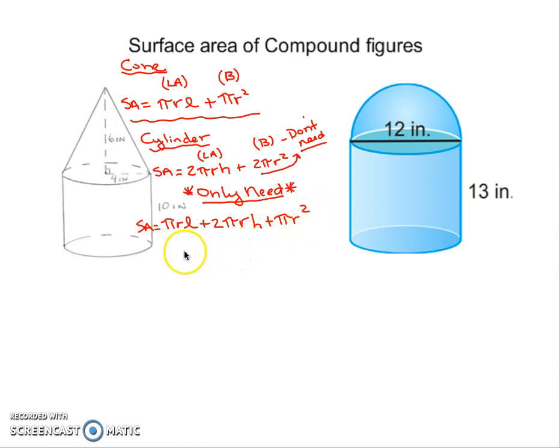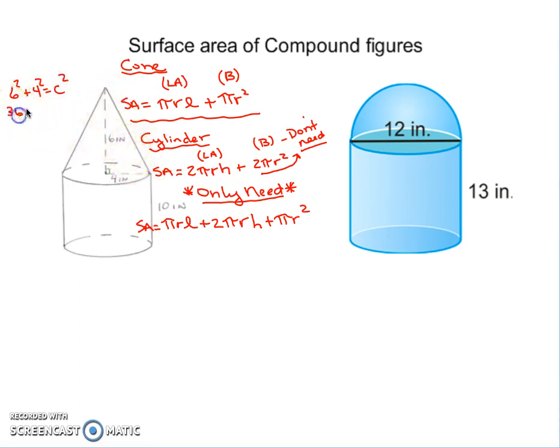So if we plug in these values now, looking at the formula, the first thing I see is I've got my radius, I've got my height, but I do need to find the slant. I can see here with my height and right here with my radius, I can figure out the slant right there. I just have to use the Pythagorean theorem. So we'd have 6 squared plus 4 squared equals c squared, because I'm looking for this side over here.